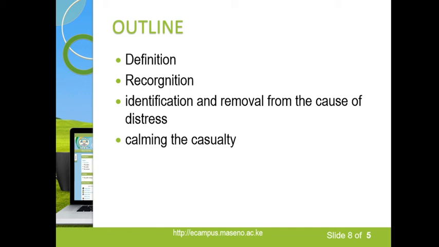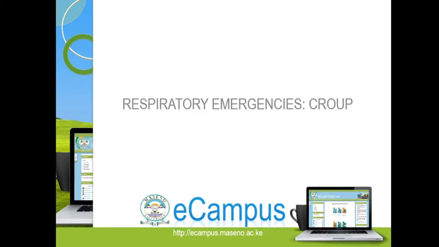Now, another respiratory emergency that we may want to talk about is this disorder called croup. This usually is among the children, and it is important to be able to assist such children who come with croup.